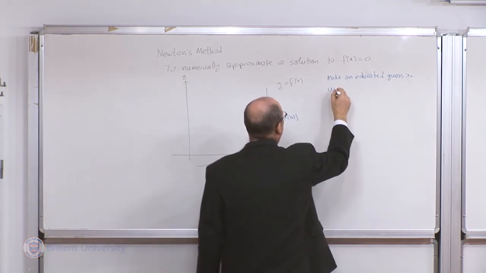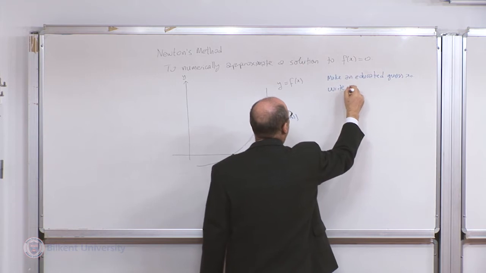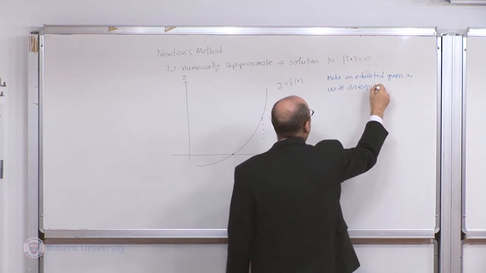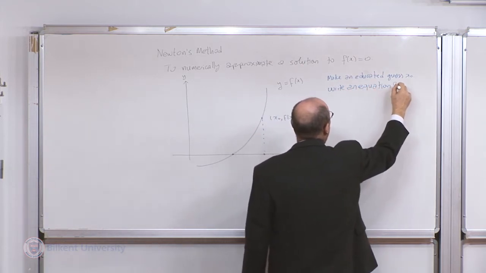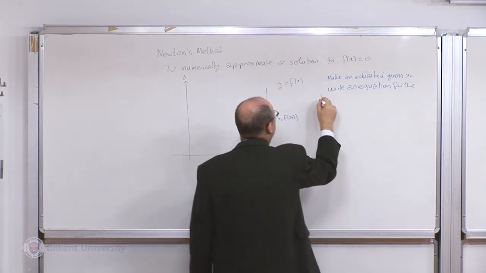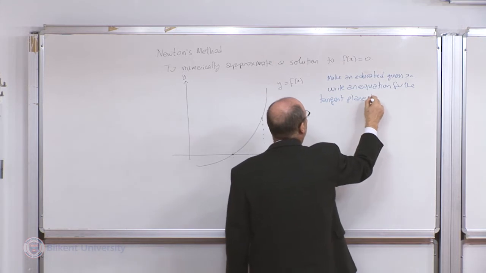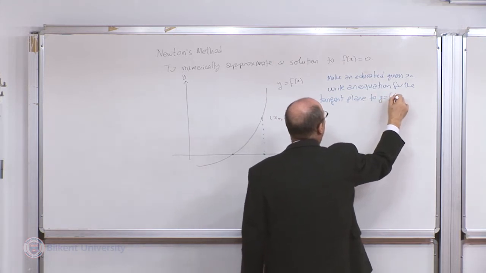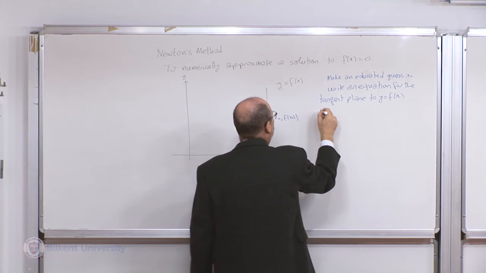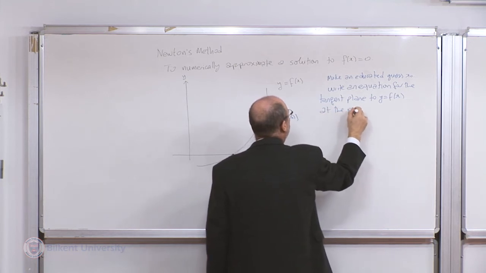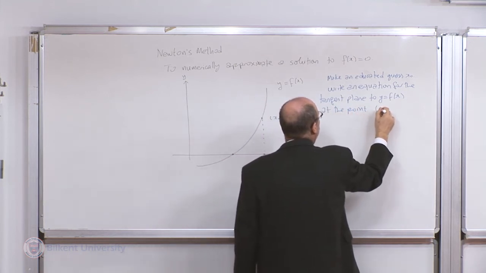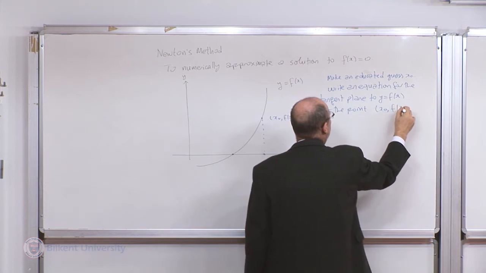Write an equation for the tangent line to y equals f of x at the point x sub 0, f of x sub 0.